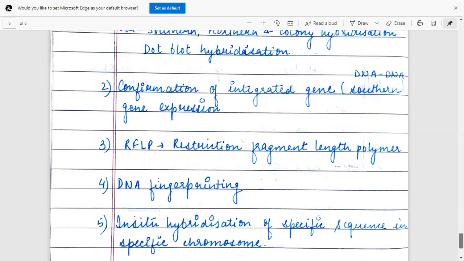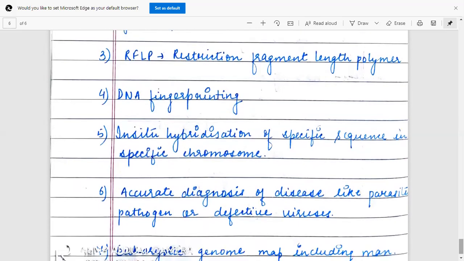Likewise, restriction fragment length polymorphism, which can also be used for DNA fingerprinting, for example for paternity tests or crime investigation from a suspected place; if we have the probe for a suspected person, we can detect it.